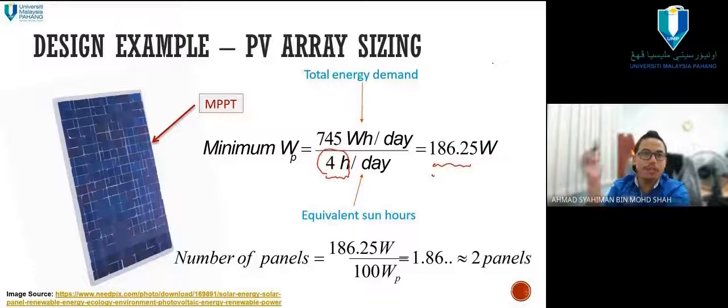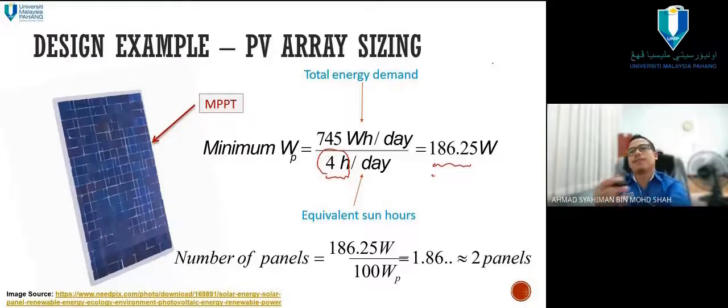So if we try to use this module, like I told, this module is 100 watts, you simply divide 186.25 watts with the rated power of the module that you are going to use. In this case it is 100 watts, so you divide it and you get 1.86 and so on, and you round it up to 2 panels because it is a minimum.